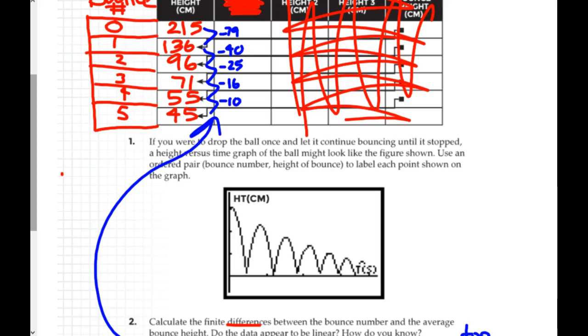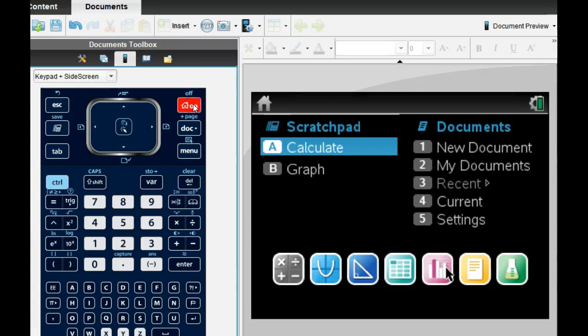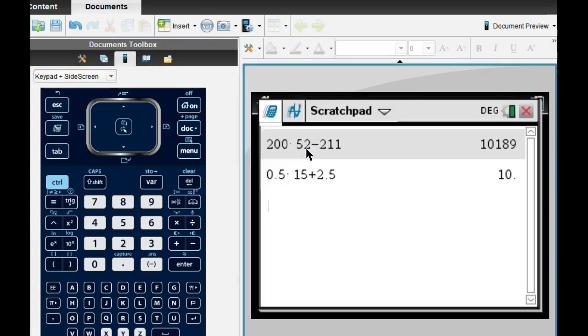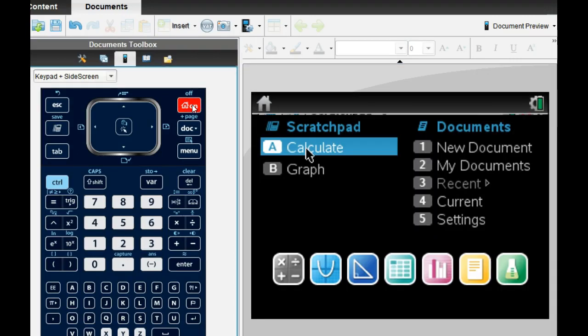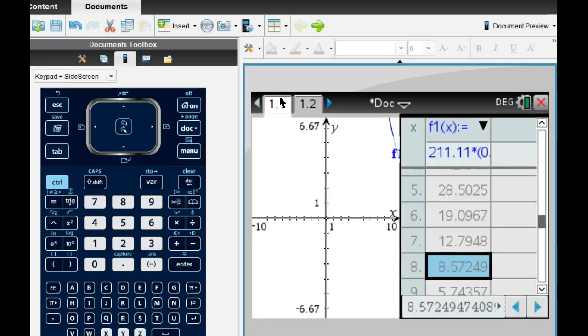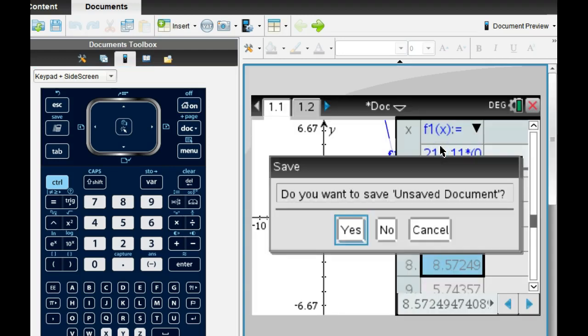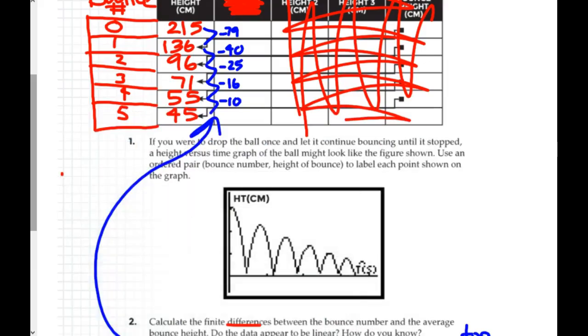Whenever you divide, you want to hit Control Enter so you can get the decimal. So the decimal I got when I divided 136 over 215 was 0.63.